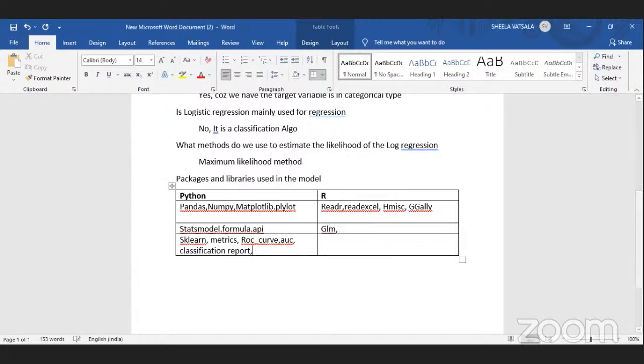Let me write it down here. One of the most important packages we need, the function confusion underscore matrix. It's also AUC underscore score.